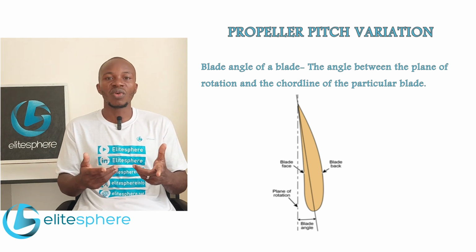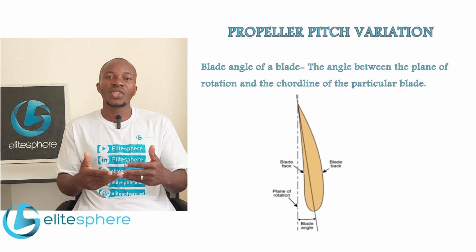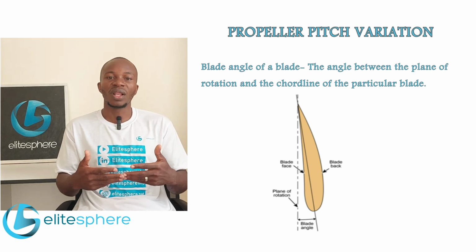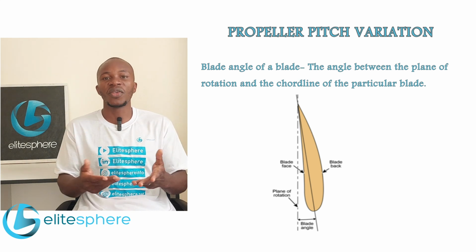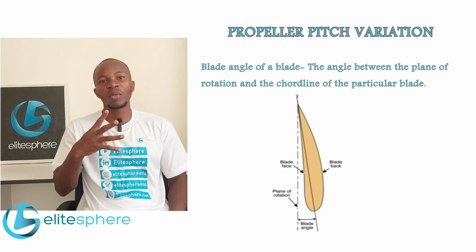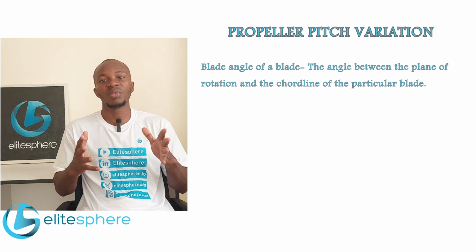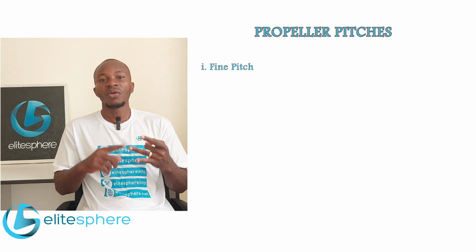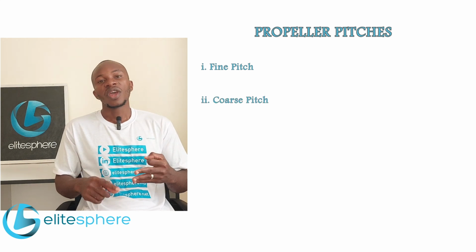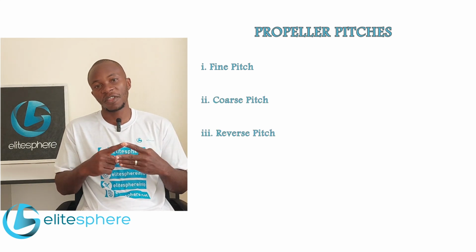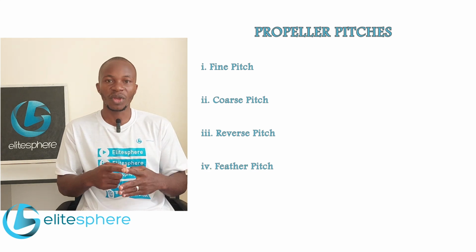And that is the reason why the propeller pitch is varied during flight, to enable the engine to give the best performance for a particular phase of flight. There are 4 propeller pitches that can be used on an aircraft. We have the fine pitch, the coarse pitch, the reverse pitch, and the feather pitch setting of a propeller.